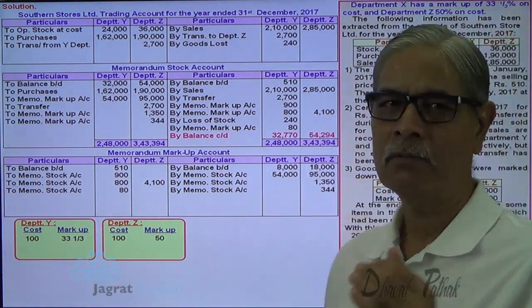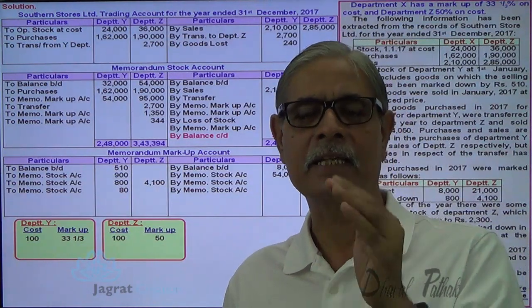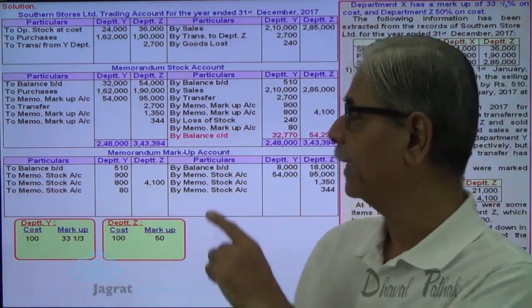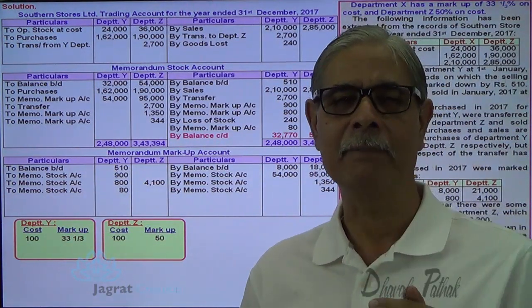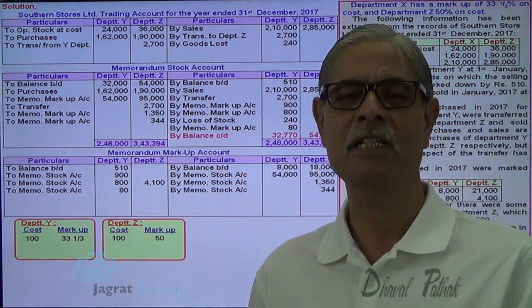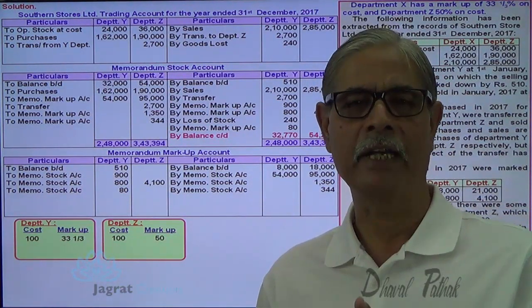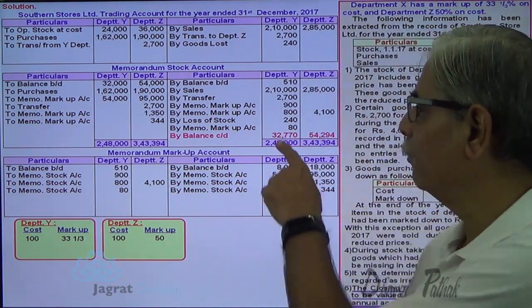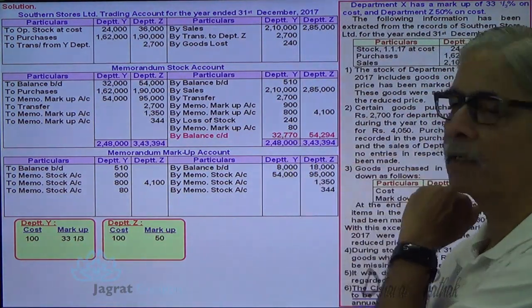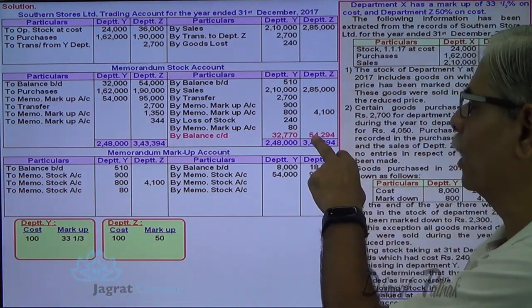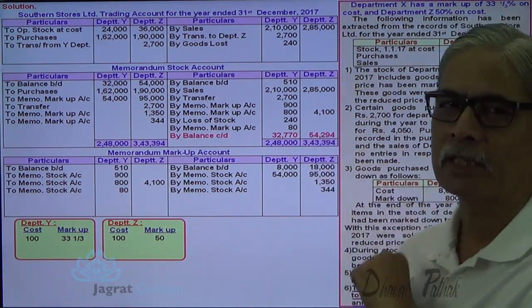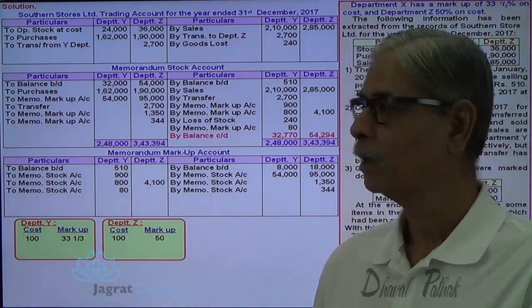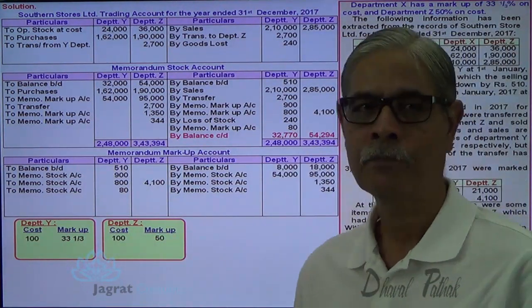Now closing stock at the markup price is with profit load, and whatever the profit element there is in closing stock, that is an unrealized profit, and we are required to create a stock reserve for the unrealized profit. So I would like to find out the profit element in the 32,770 and in this 54,294. This is a markup value.